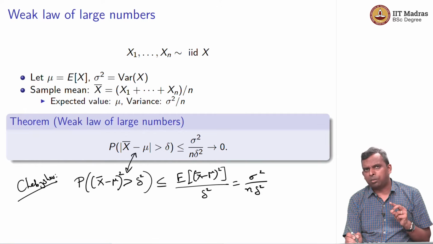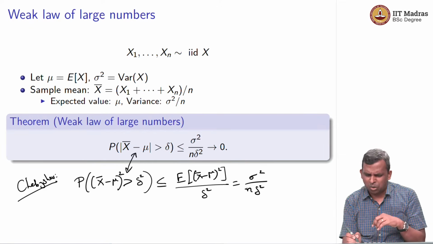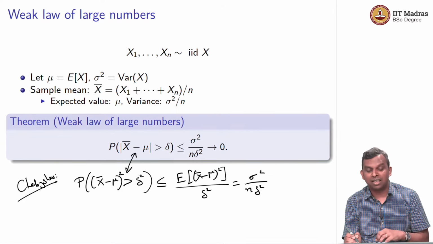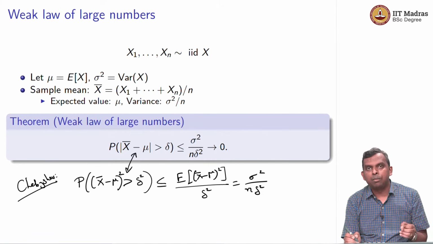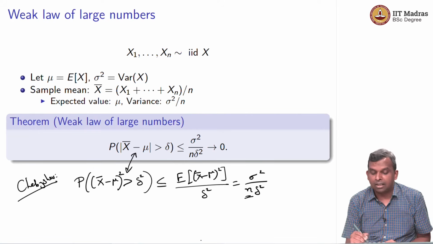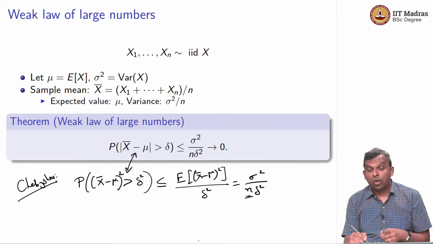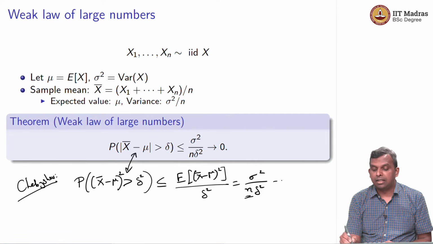Notice how powerful this bound is. Long back, when we looked at Markov and Chebyshev inequalities, you might have said this bound looks bad, it's not very good. Look at how powerful it is. I don't know anything about the distribution of X. X could be anything. All I know is mu and sigma squared, and look at the powerful result I get. In particular, look at this n. For any fixed delta, as n tends to infinity, this tends to 0.